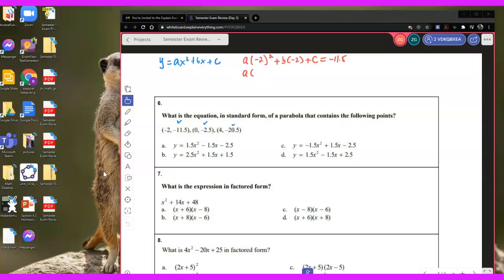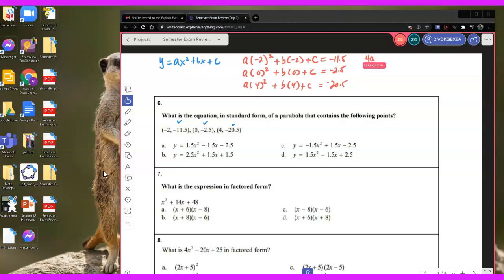Then we have a times 0 squared plus b times 0 plus c equals negative 2.5. And then we have a times 4 squared plus b times 4 plus c equals negative 20.5. We're going to come up with the equation.